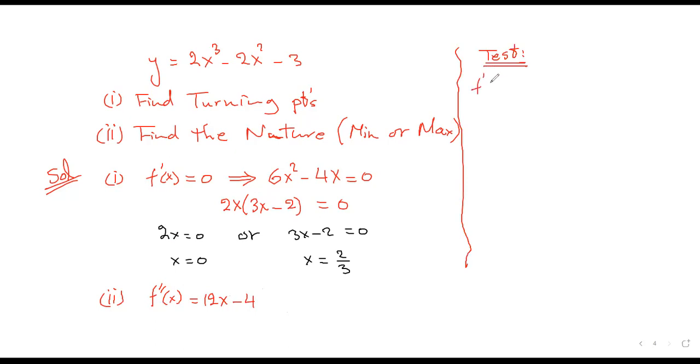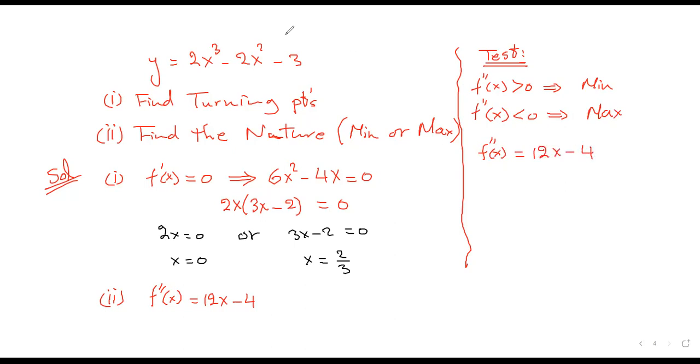If the second differentiation at those two values is greater than 0, we have a minimum. If the second differentiation at any one of those 2 points is less than 0, we have a maximum. Now, the second differentiation that we will apply the test on is 12x minus 4.